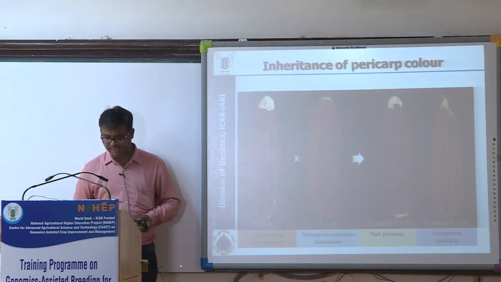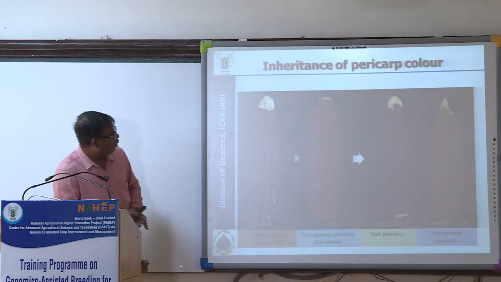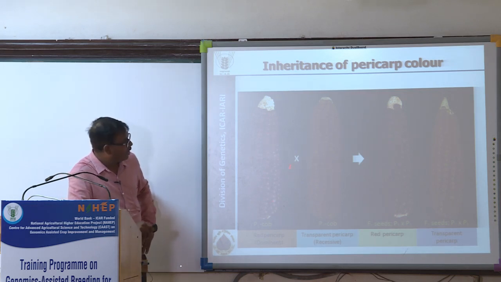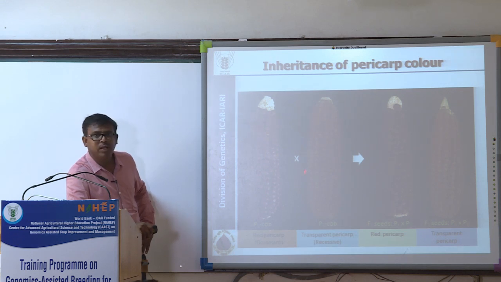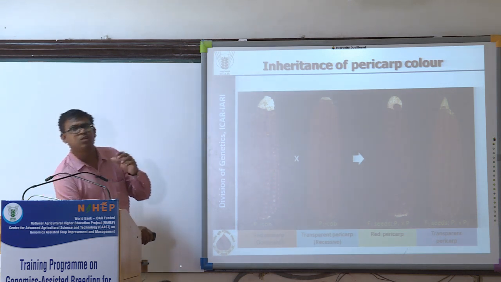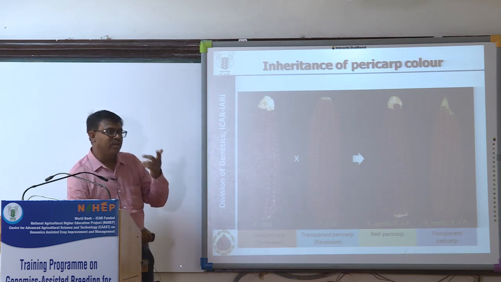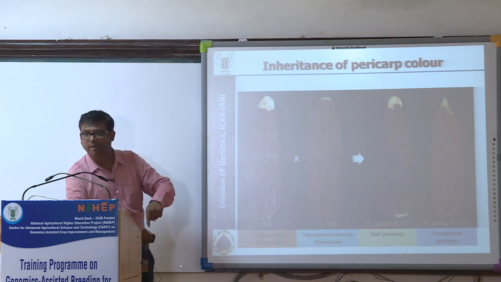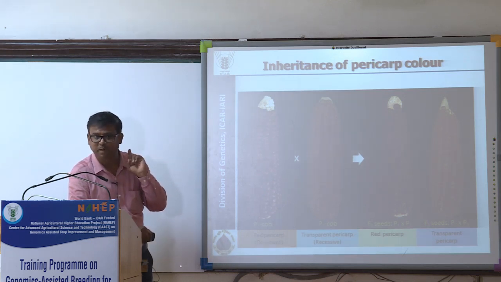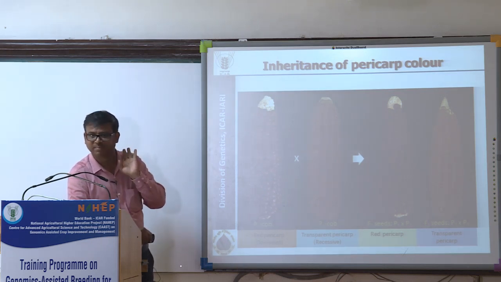Now, this is a red colored maize, and this is the yellow colored maize. Why red? Because in maize pericarp color is normally transparent. If it is transparent, you can view the endosperm color. So, yellowness and whiteness means you are actually viewing the endosperm, as your pericarp is transparent.